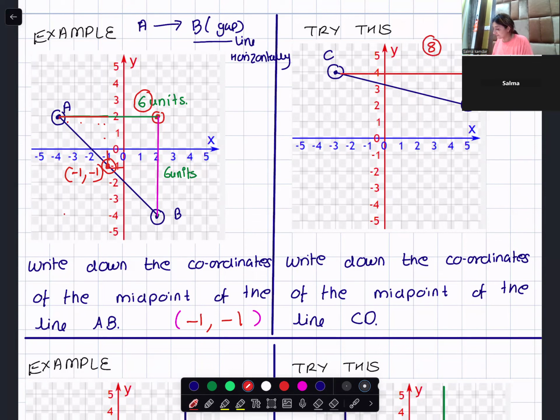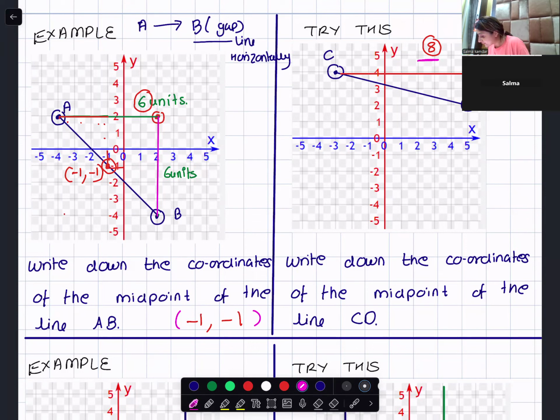So 8. From C to D, a vertical line. 1 and 2. So 2.